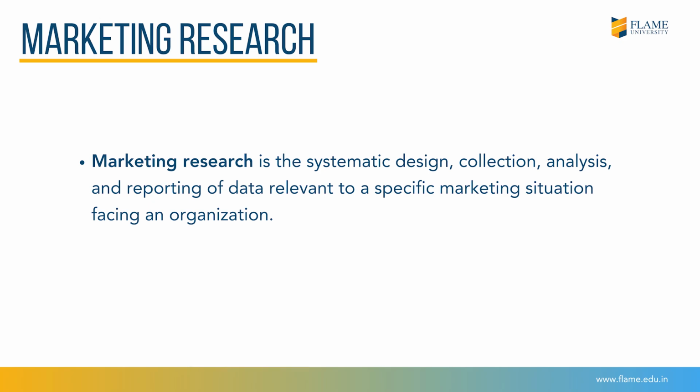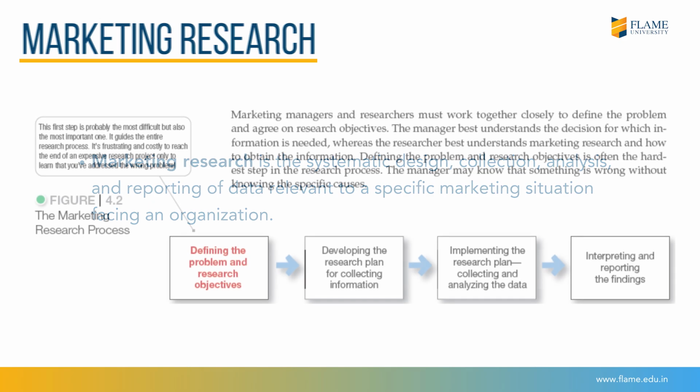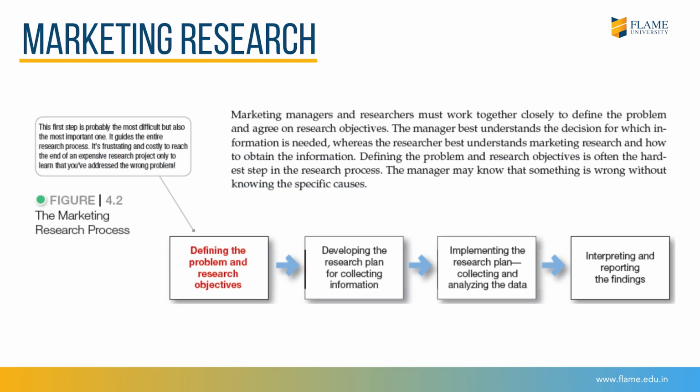Let us start with the first step in the marketing research process, which is defining the problem and research objectives. The first step is identifying the problem. A poorly defined problem can lead to wasted time and money. So let's put ourselves in the shoes of a marketing researcher. If you were a pizza brand experiencing a decline in sales, what questions would you ask to identify the problem?